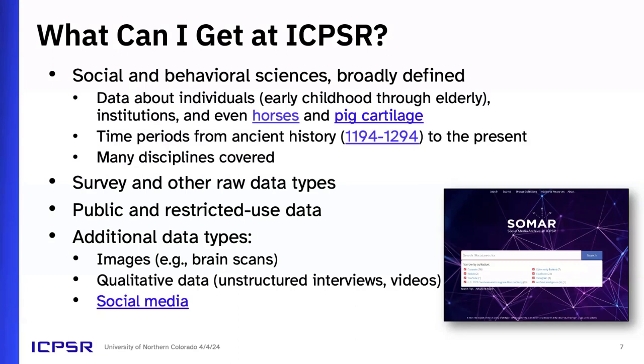I believe the Arts and Culture Archive, which I direct, is getting photographs of graffiti or public art. So we're getting more and more image data, video data, other kinds of unstructured observation and interview data. And we also just this fall launched, or I guess it was late summer, launched a social media data archive. So we've got data from Reddit and X and Meta, as well as some of the more traditional social science data. And again, I put a link to the social media data archive there as well.